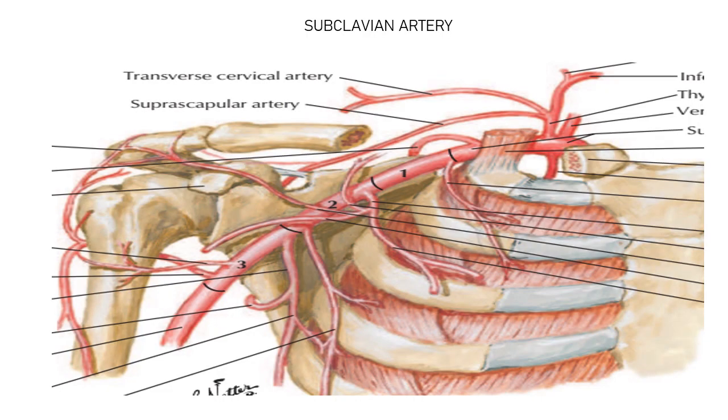Okay, so now let's talk about the subclavian artery. This diagram I'm showing is that of the right upper limb. The subclavian artery on the right side arises from the brachiocephalic trunk. As you can see there, this is the subclavian artery, this is the right common carotid artery, and this is the brachiocephalic trunk.